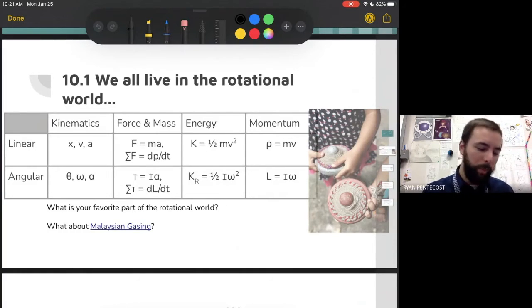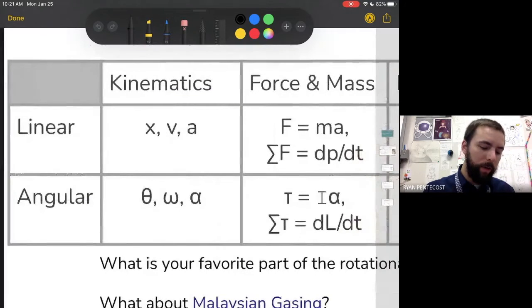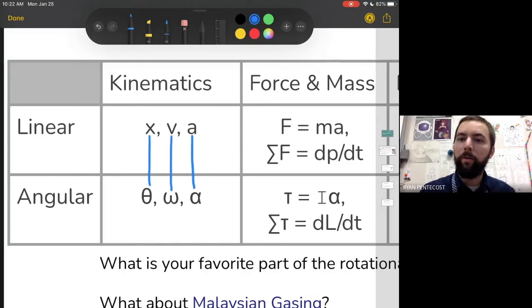These titles get punny a little bit. So let's talk first about kinematics. Okay, kinematics. We have the linear position, velocity, and acceleration. Right. X can mean distance. It can also mean displacement. And we'll talk a little bit about that later. But in angular terms, you've got angular position, angular velocity, and angular acceleration that are a direct translation of that.